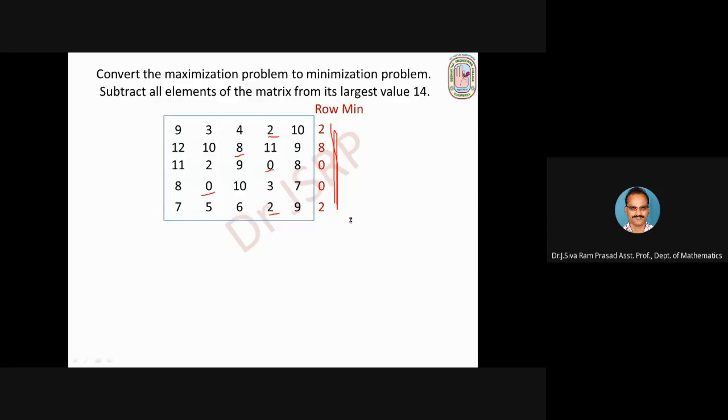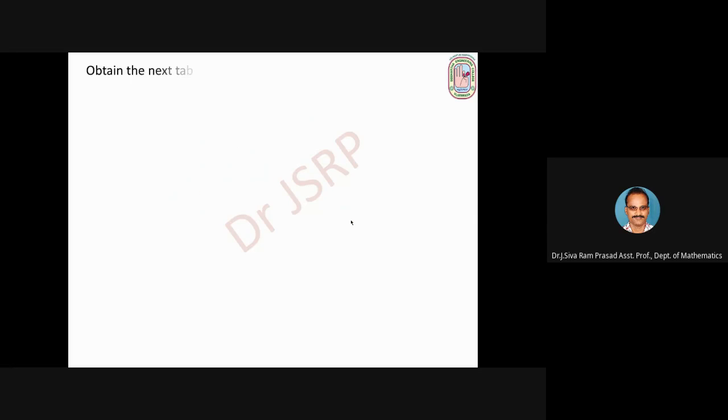Obtain the next table or matrix by subtracting the minimum of each row from the entries of that row.